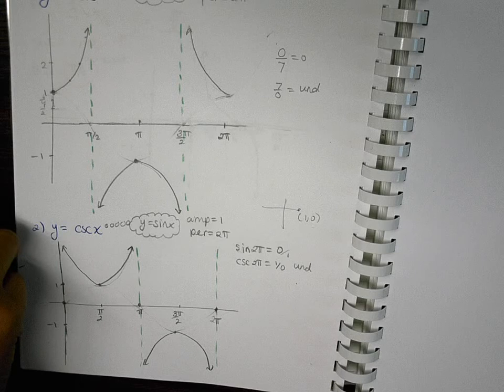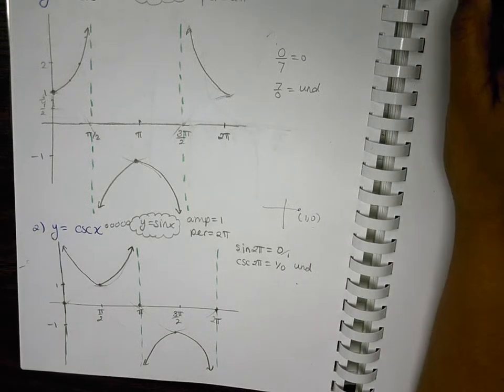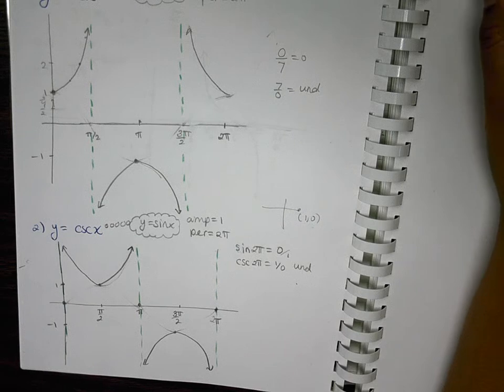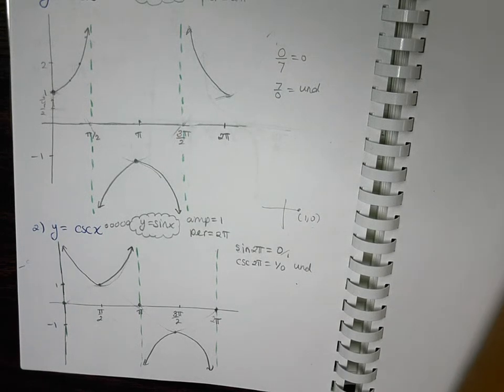All right, number 3. Write it down if you're ready. Y equals -3 cosecant of x. I'll repeat that. Y equals -3 cosecant of x.